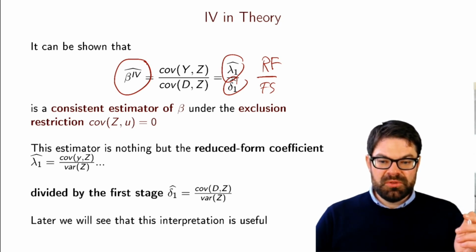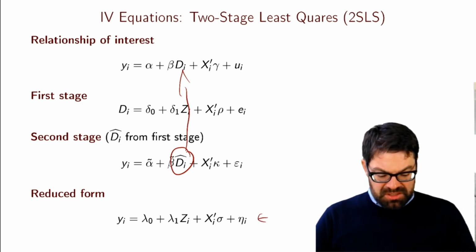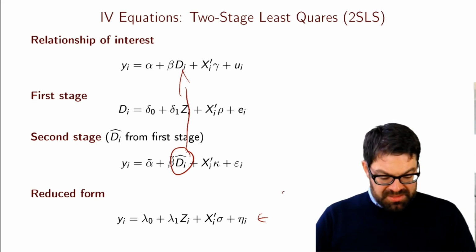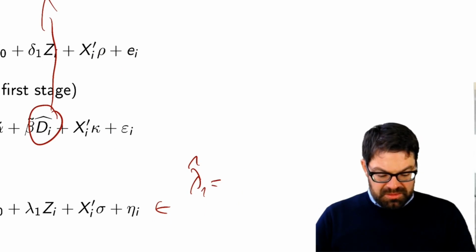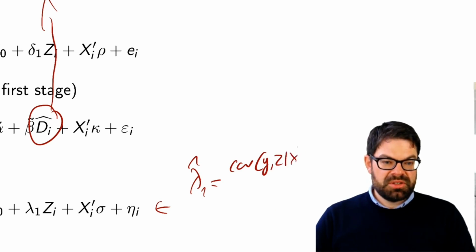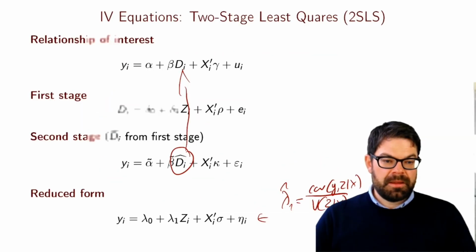Okay, so the reduced form, remember, is this regression here, and we also know from undergrad econometrics what the estimate for gamma 1 is, which is nothing more than the covariance between the outcome and the instrument, in this case conditional on X, over the variance of the instrument conditional on X. Right?